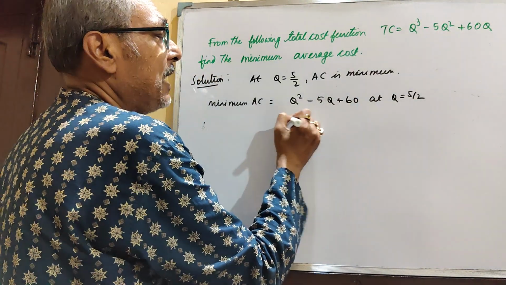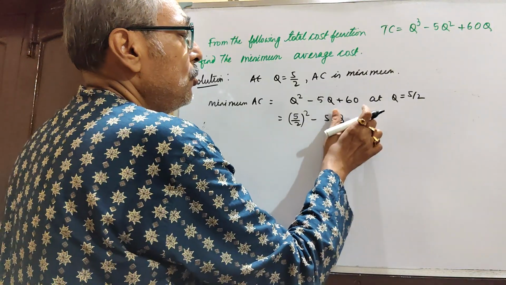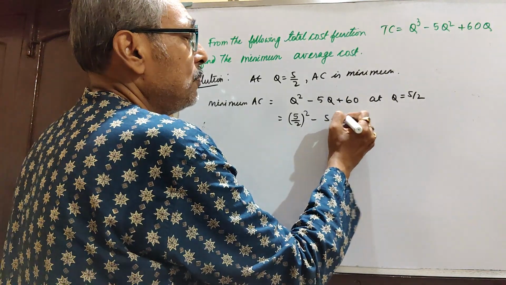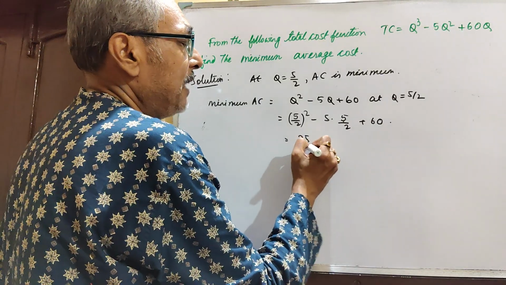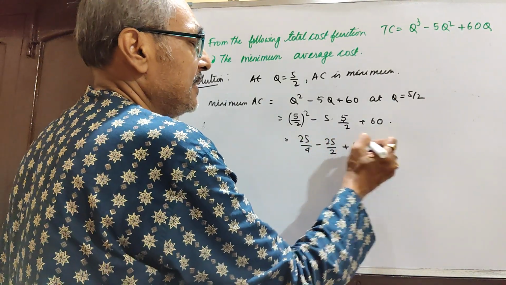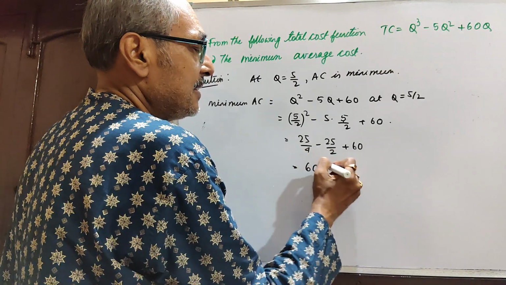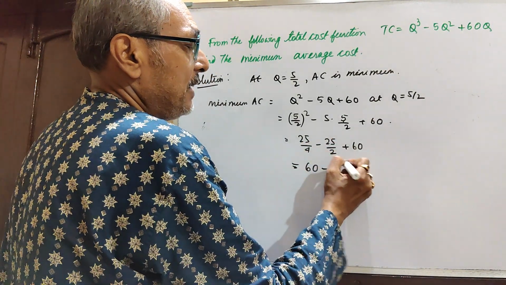This is 5/2 whole squared minus 5 into 5/2 plus 60. That is 25/4 minus 25/2 plus 60.